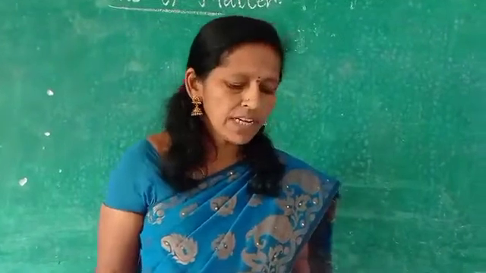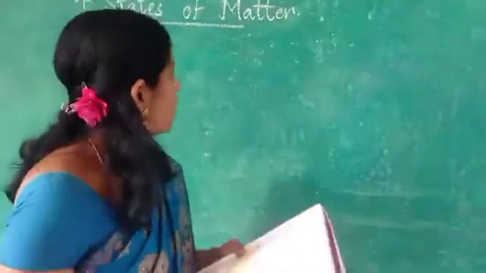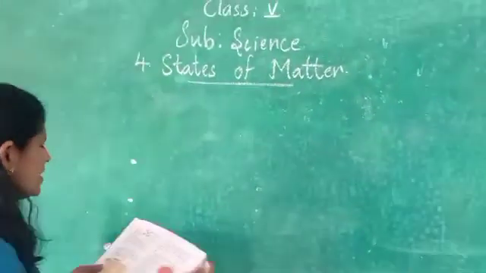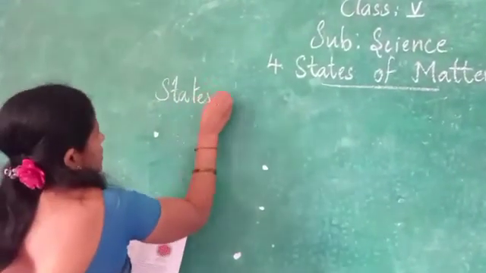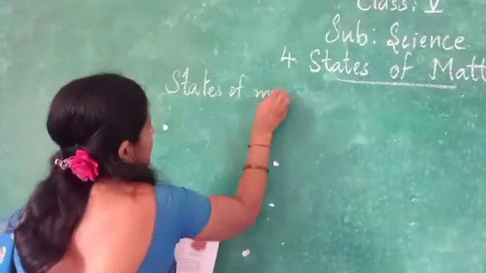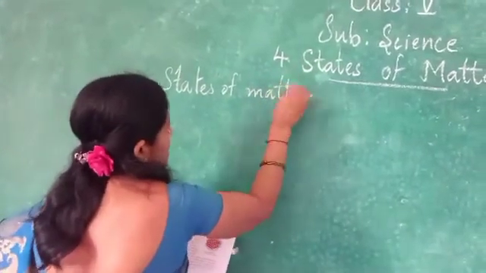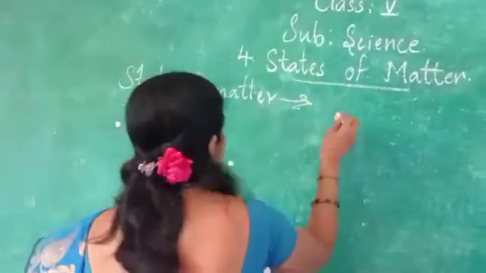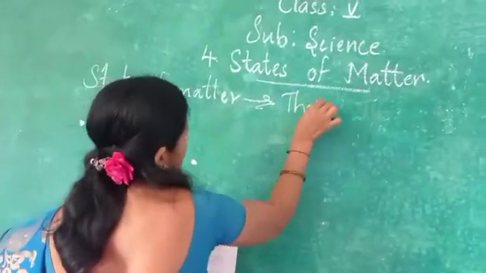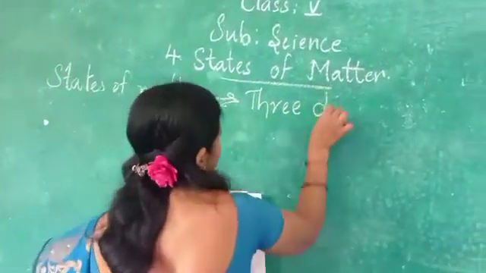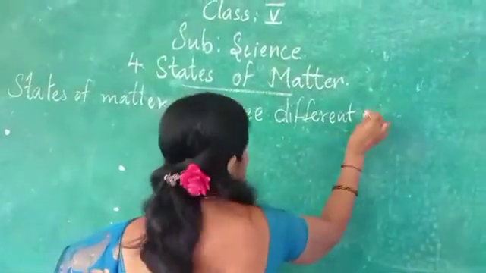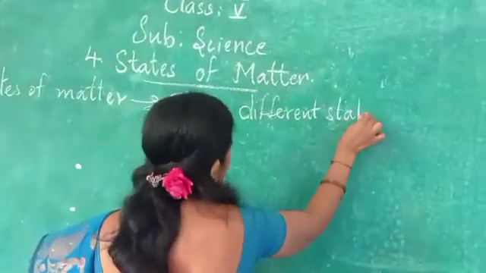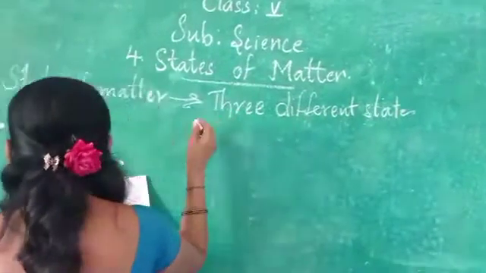Next we are going for the states of matter. What are the states of matter? You see, there are three states of matter, beta. They exist in three different states in nature.